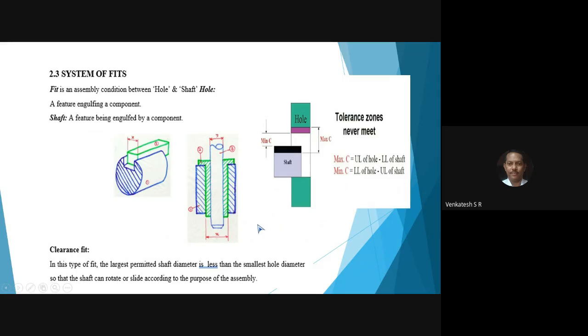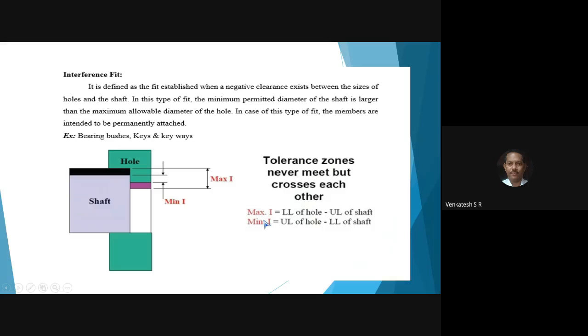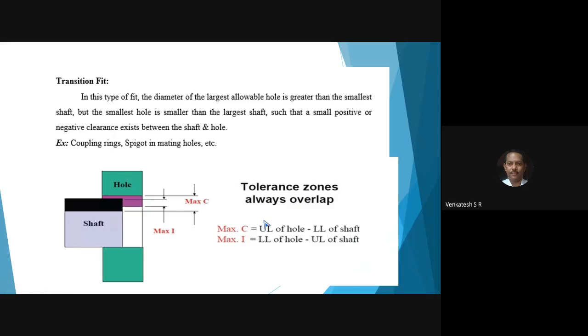If the person knows the concepts of fits, tolerance and limits very well, then he always asks the question, the system of fits. If you take any competitive examination, 100% sure you have a question on clearance fit, transition fit, interference fit.